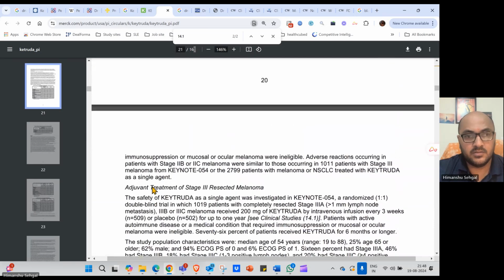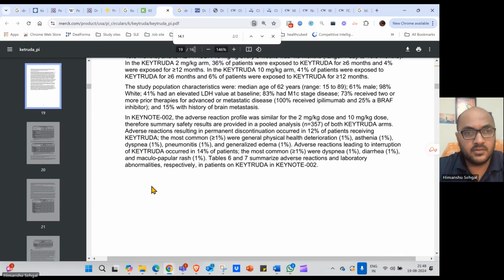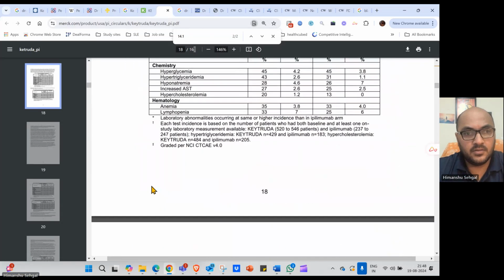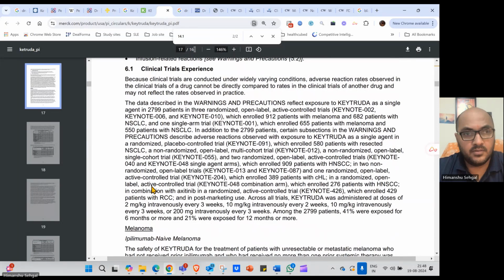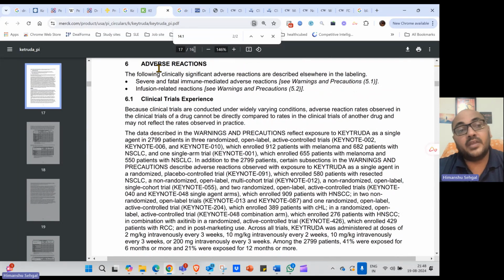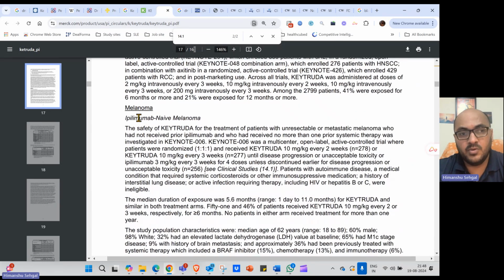So, yes, here it is. Adverse reactions 6.1. You get section number 6, adverse reactions, melanoma.